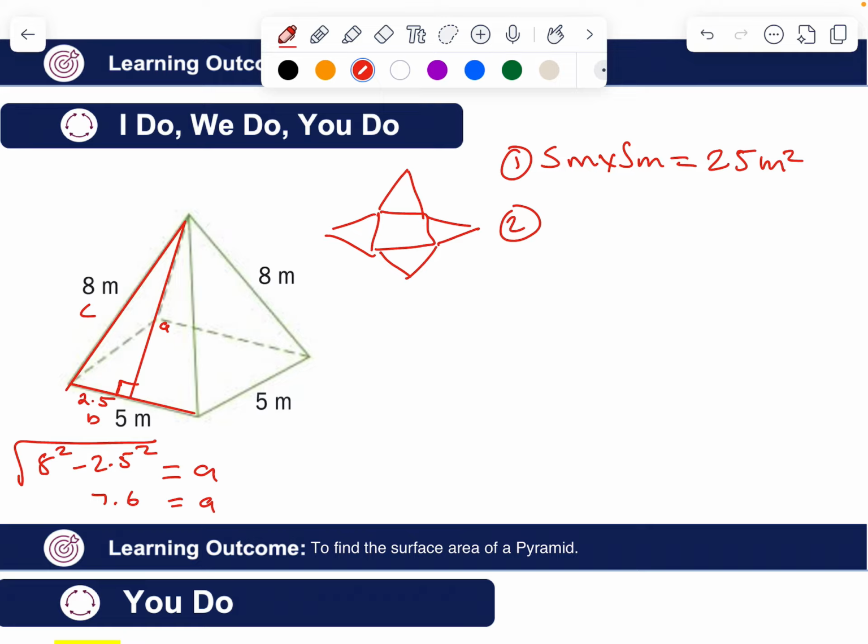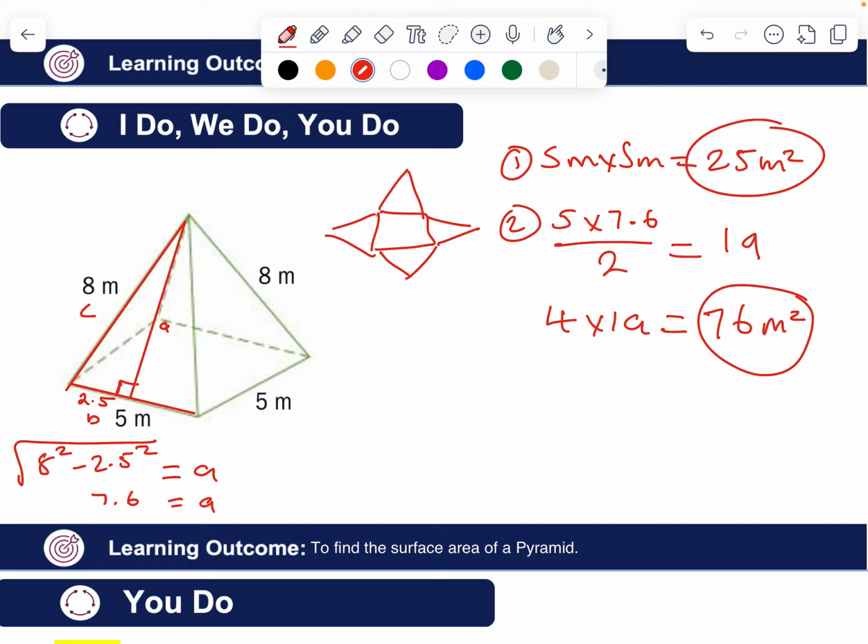And then I can do what I did in the previous question. So base times height, which is 7.6, divided by 2. 5 times 7.6 divided by 2. My answer is 19. But don't forget, we've got 4 of them, so we've got to times 19 by 4. We get 76 meters squared. And then don't forget, you have to add the square back on at the end. So that is 101 meters squared.